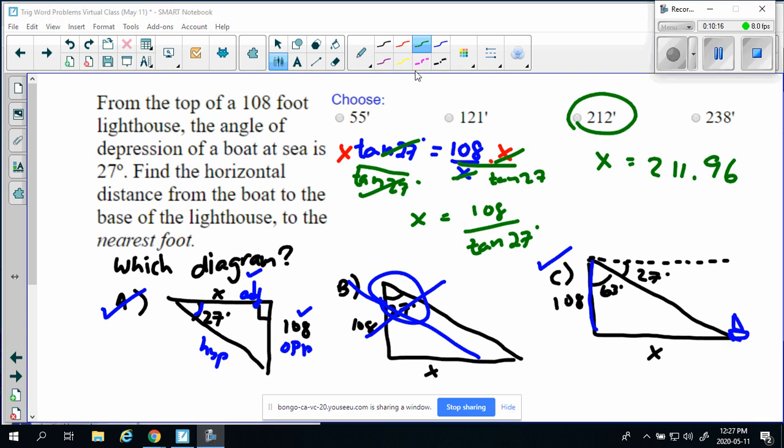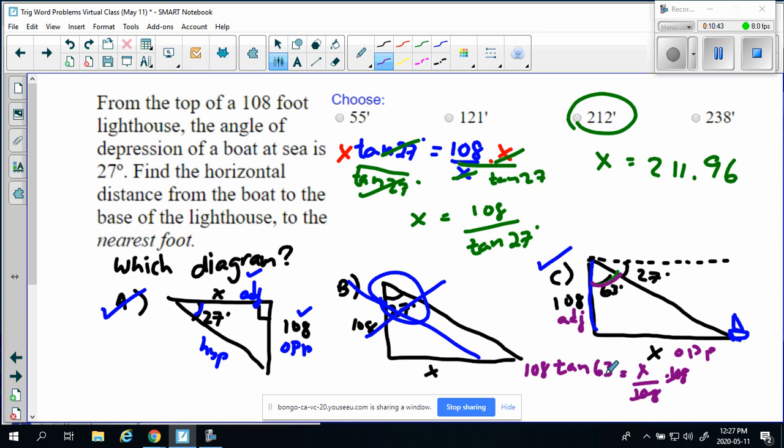Okay, so a lot of students were getting the wrong answer, and most of them wanted to do it with diagram C, so I'm also going to do it like that. If you want to use diagram C, this should still work. Here's the angle of interest. Here's opposite, here's adjacent. So if you take tan of 63, you should get opposite over adjacent. Then you have to multiply both sides by 108 in order to get x by itself.